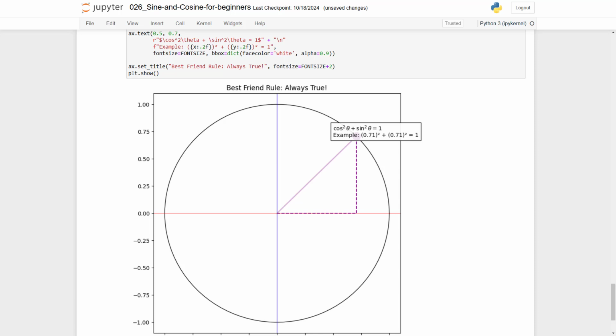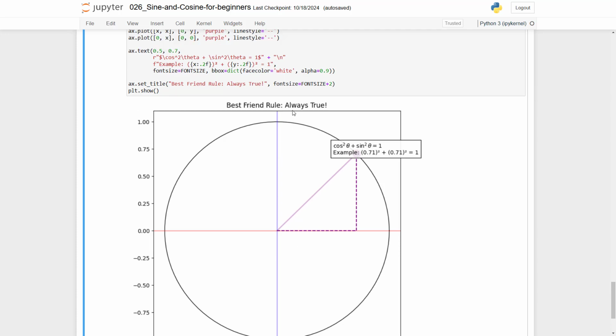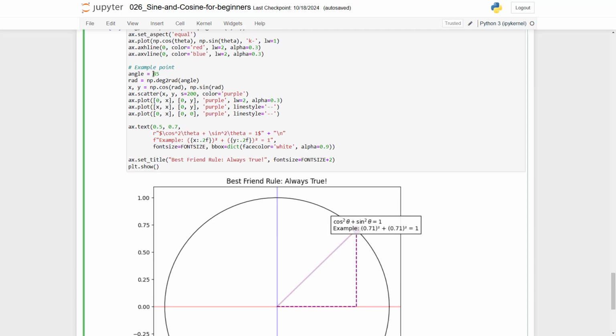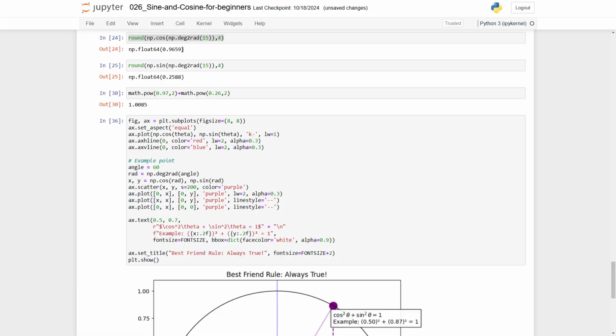Sine and cosine are just x and y coordinates of the unit circle. I really hope that you have gathered this from the video. Just to say it one last time, we make here a thing, for example, saying, okay, this is the sine. Let's put another degree, let's say 60, so it is more visible.